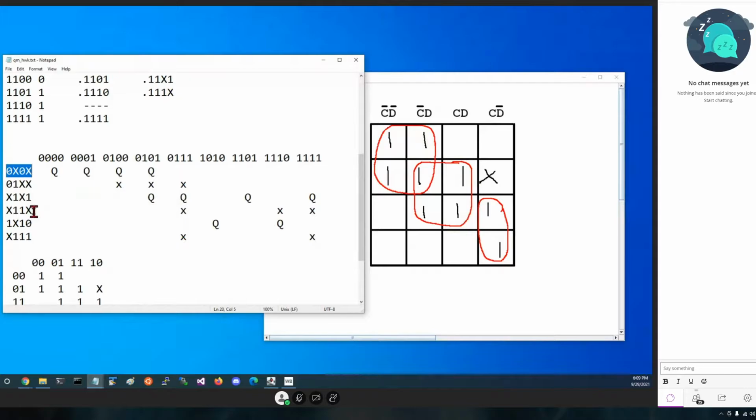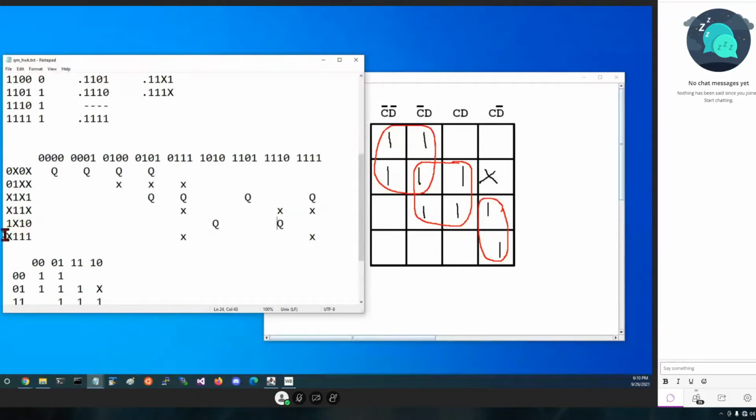The next guy, x1, 1x, covers 3 terms, which would have been 4 if this guy had been a 1, which is really this set of 4 terms here. So we don't want to pick him ultimately. We have this guy here who has coverage on these 2 guys, which happen to be the 2 that are in the column here.